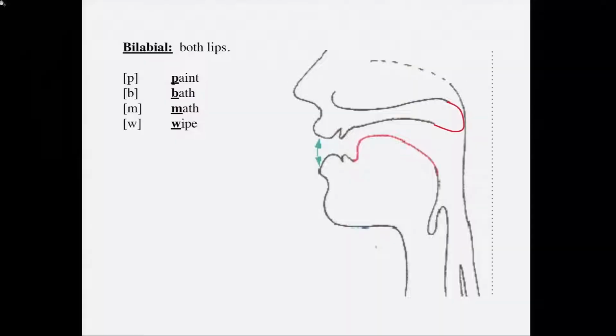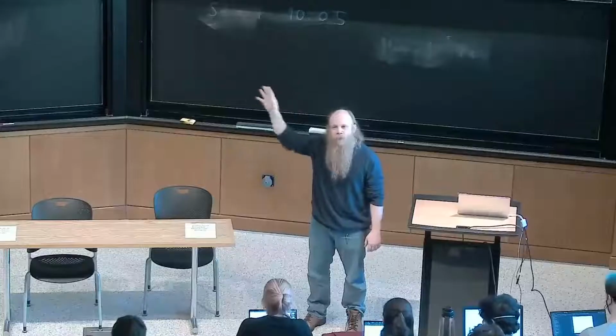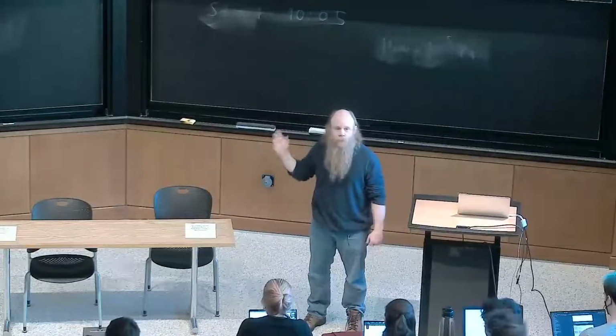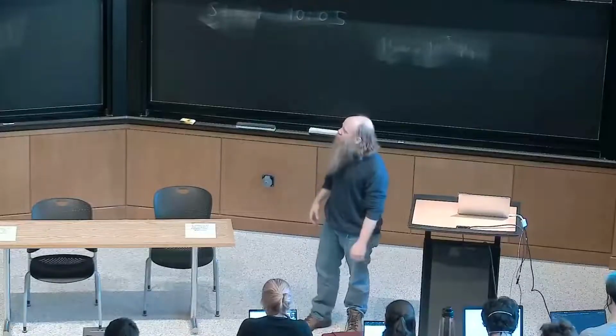Now, I have these words, paint, bath, math, and wipe, and next to them I have these symbols in brackets. They may not look it, but these are extremely technical symbols. These are symbols of the International Phonetic Alphabet. So linguists have a system for writing sounds down so that we'll all know what kind of sound we're talking about.